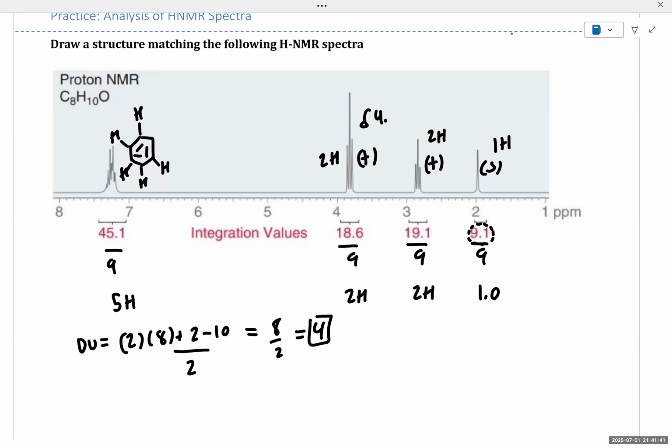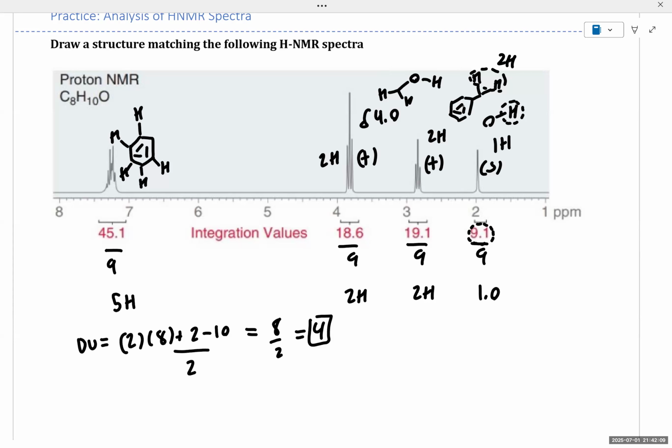This chemical shift of around 4.0 suggests a hydrogen attached to a carbon adjacent to an alcohol. This broad singlet suggests an alcohol. And this peak at around 3 is probably going to be a benzylic position with 2 hydrogens.